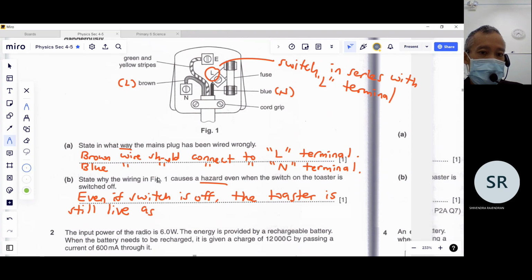The live wire, which is the brown one, is still connected.